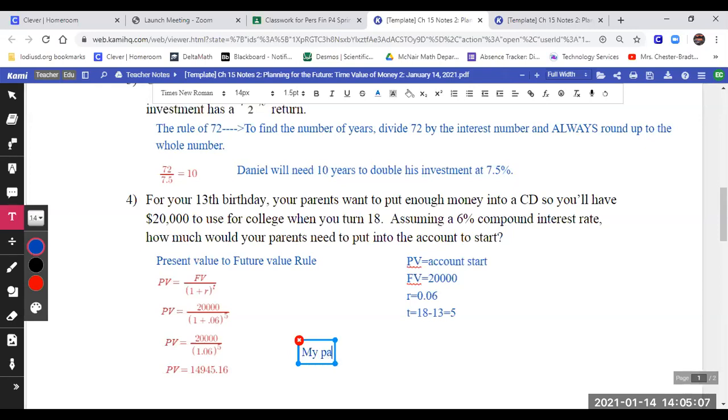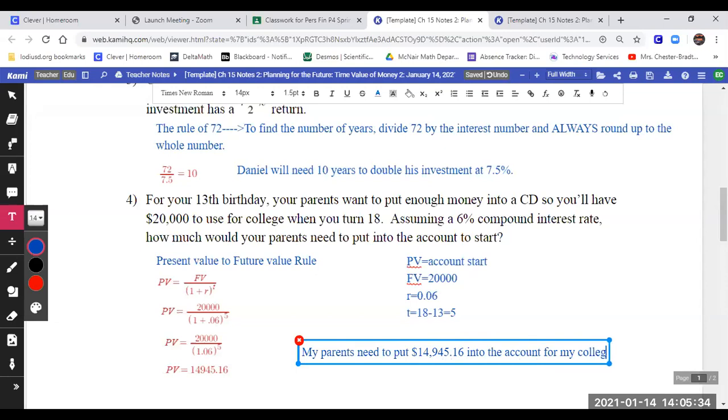So my parents, nice, need to put, and then we put our dollar sign, $14,945.16 into the account for my college to start.